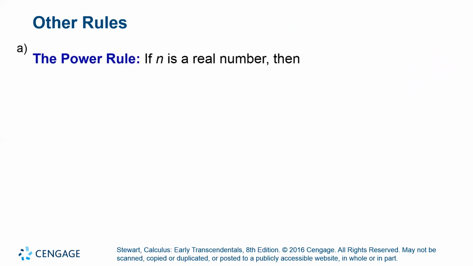The second rule is what we call the power rule. The power rule is specific for integers, but I'm extending it to real numbers. If n is a real number, then the derivative of x raised to n, using Leibniz notation, is that the exponent comes to the front, and then it is x raised to n minus 1.